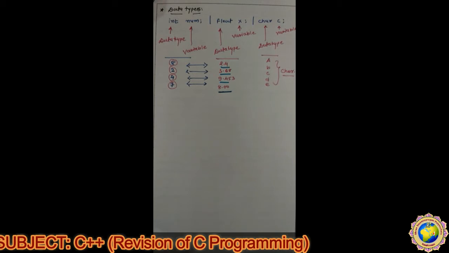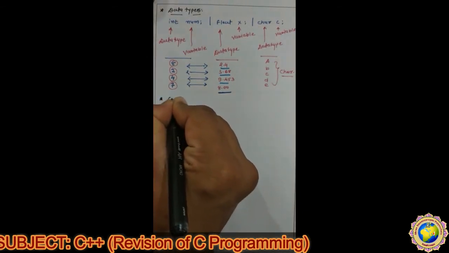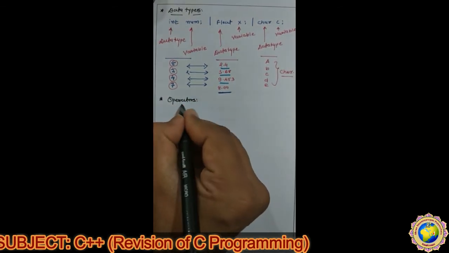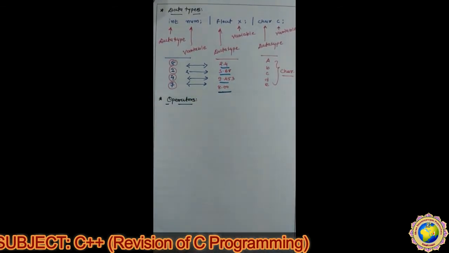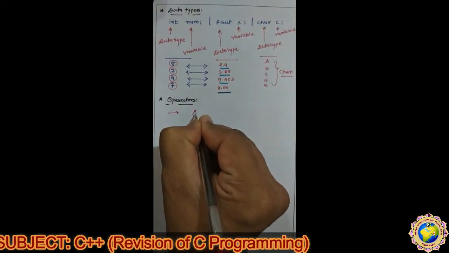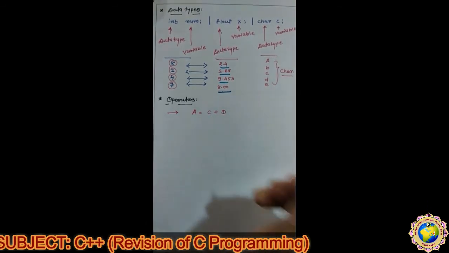Now we are going to study about the operators. So let's understand the concept of operator with the example. I write one example, that is A is equal to C plus D. So let's understand what is the operator.